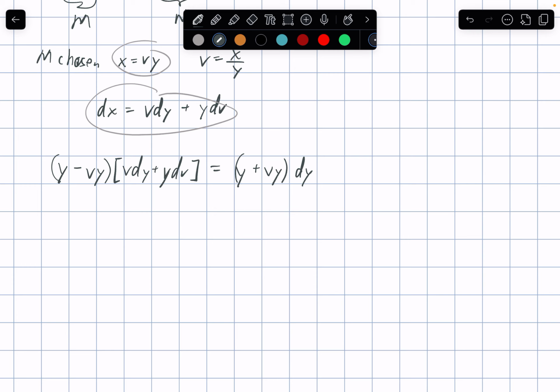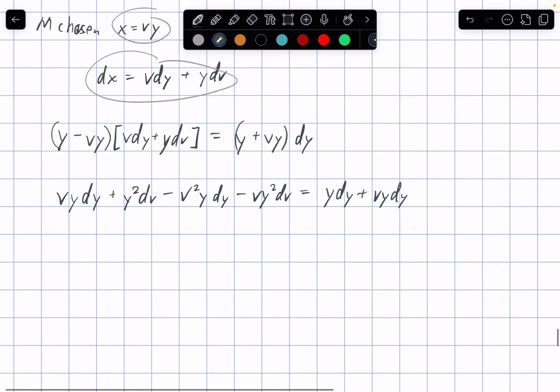We're going to use the FOIL method, and we have no choice. vy dy plus y squared dv minus v squared y dy minus vy squared dv equal to y dy plus vy dy.